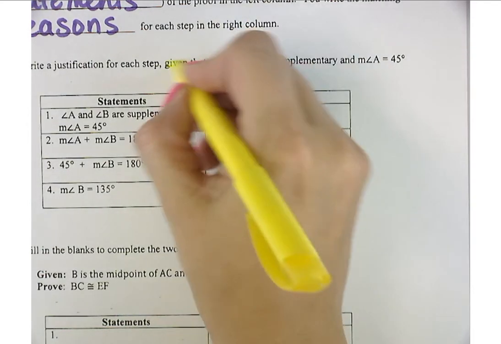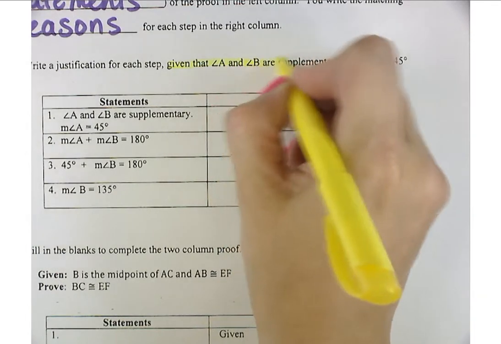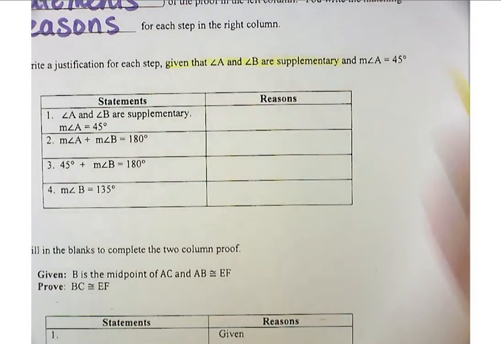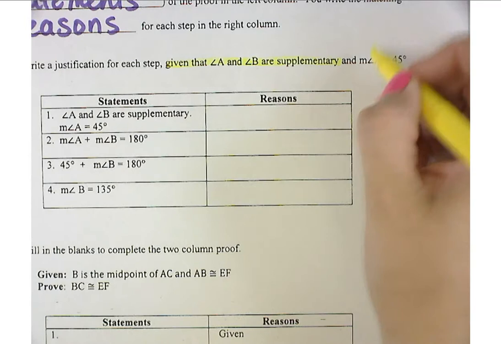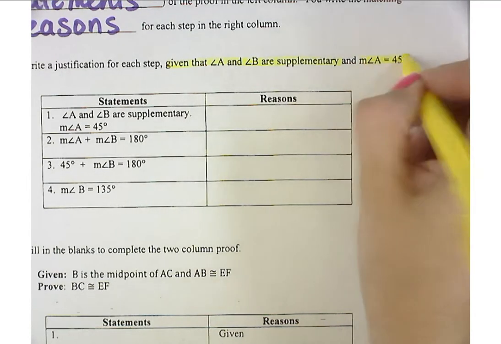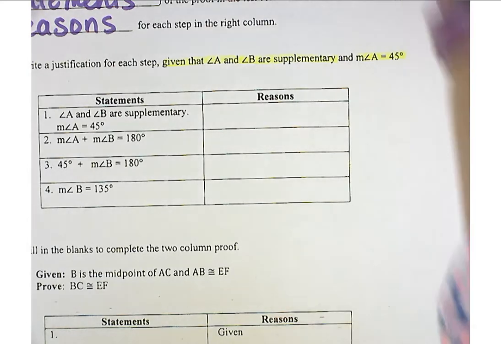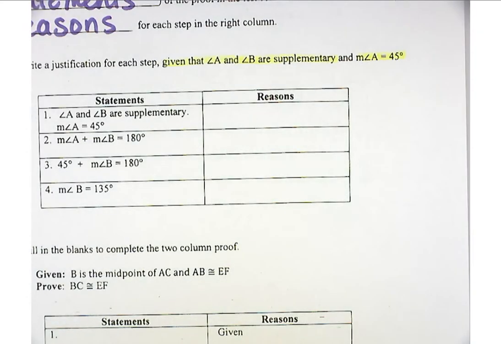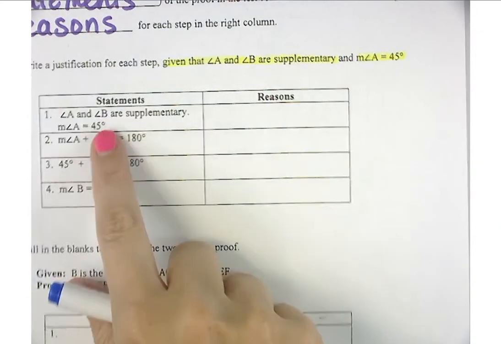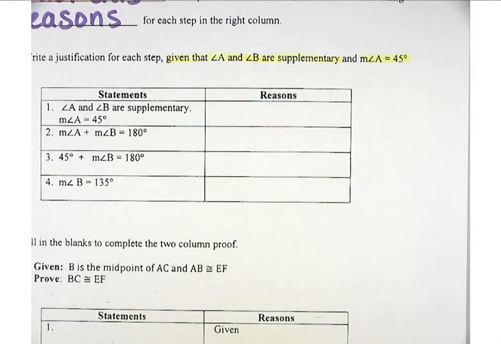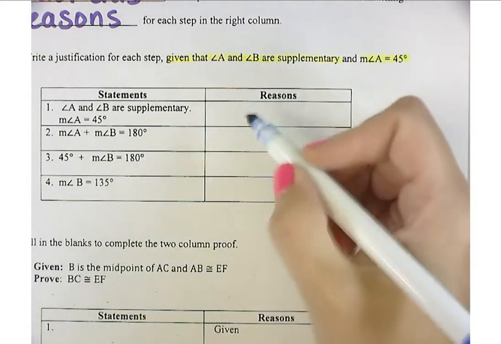So we are given that angle A and angle B are supplementary, and the measure of angle A equals 45 degrees. So for whatever statements you are given, you want them to be in the first statement. Sometimes they'll actually be broken up into two statements, but for the most part, they are going to be in the first.